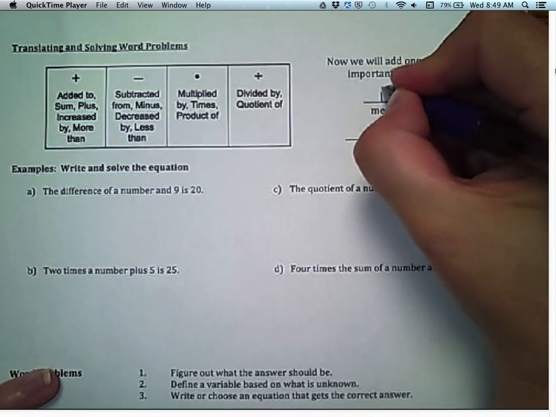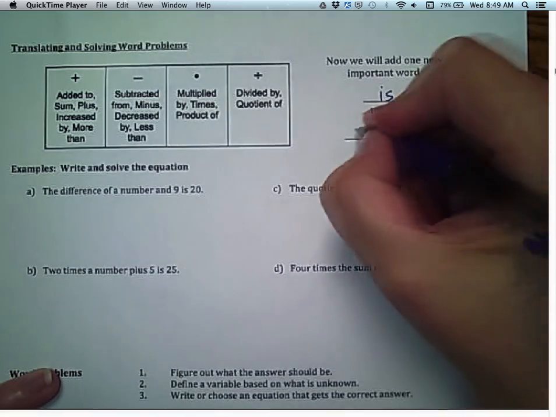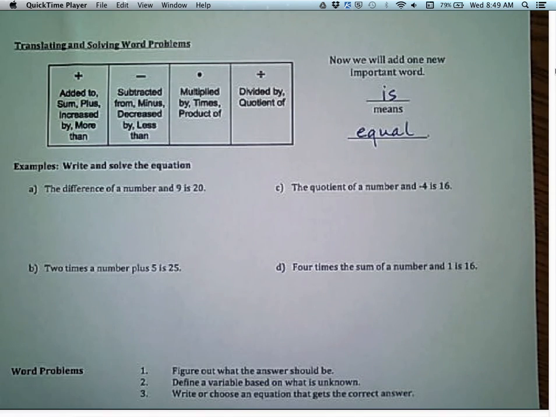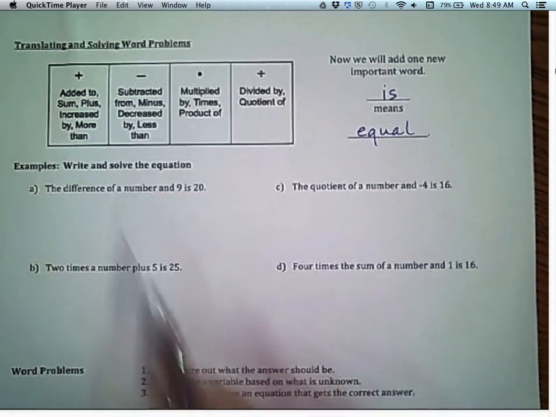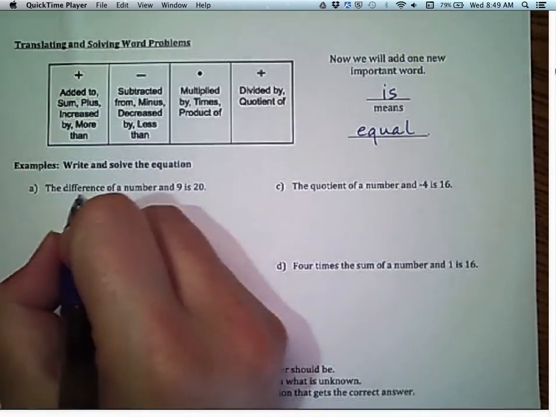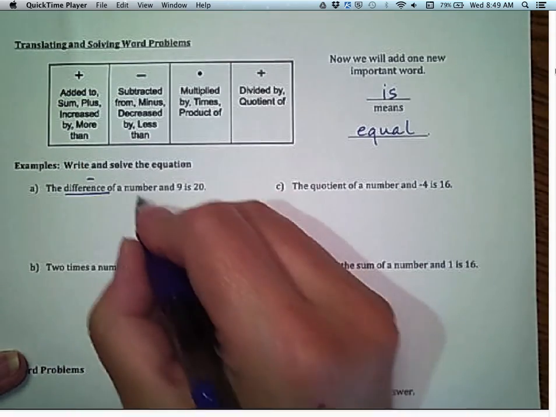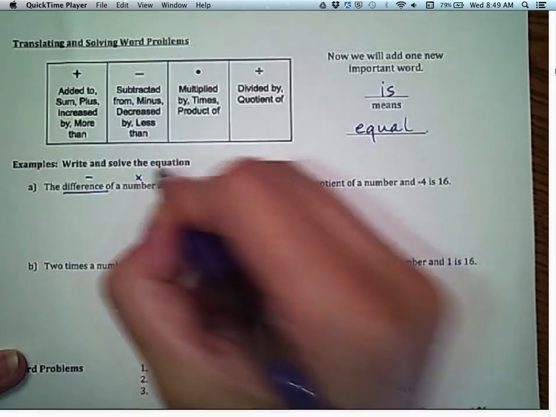The word is means equal. All right, so anytime we see the word is in a problem, we know that's where the equal sign is going to go. All right, so let's take a look at some of these translations. We are going to write an equation and we're going to solve it here. Well, first of all, I see the word difference, which I know means subtract. All right, and then we know the a number part is x.